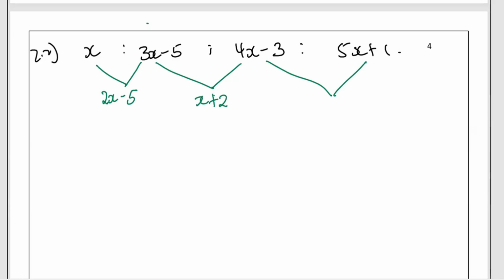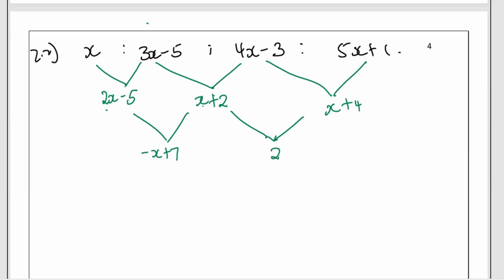And then here 5x minus 4x is x, 1 minus minus 3 is giving me a plus 4. Then let me get the second differences. X minus 2x is just a negative x. 2 minus minus 5 is a plus 7. And for this case, x cancels x. 4 minus 2 is a 2.